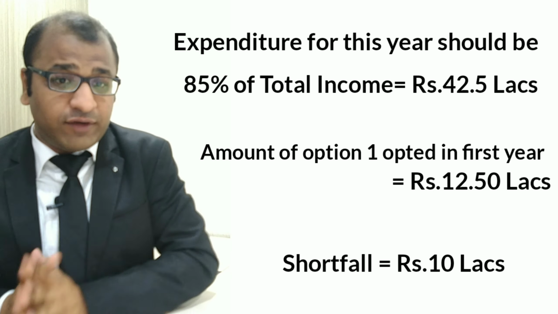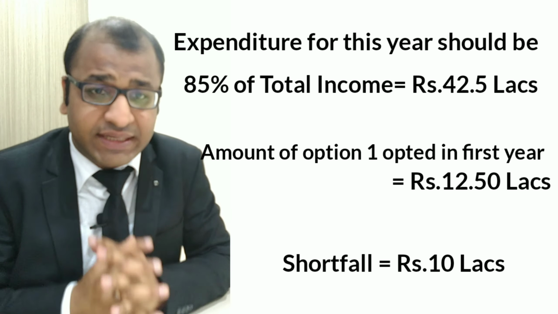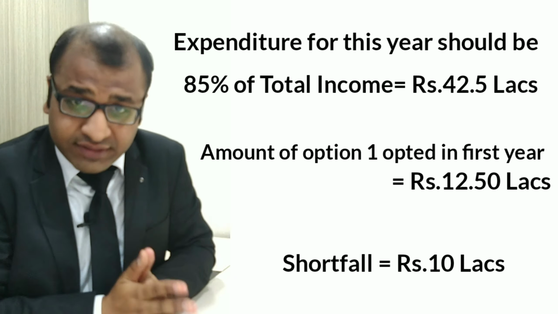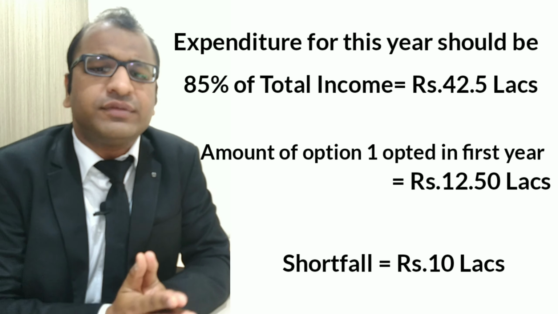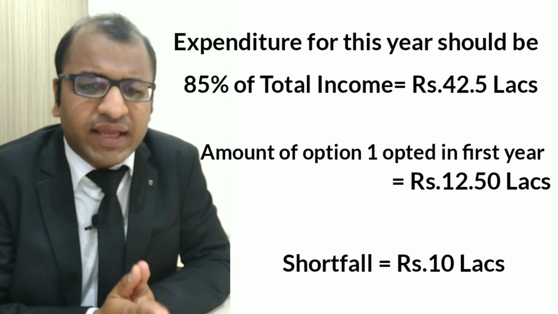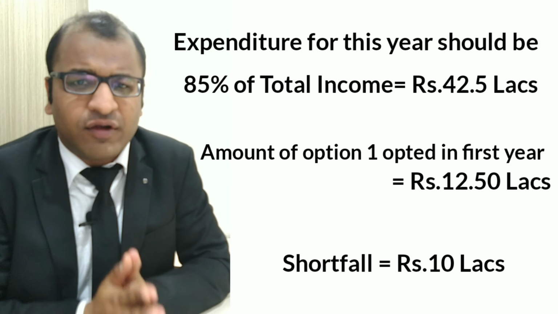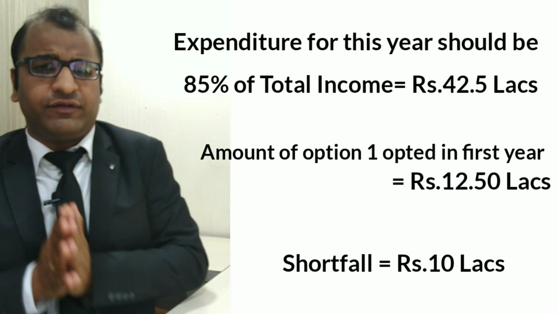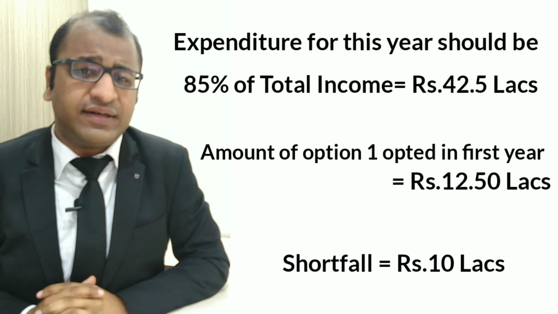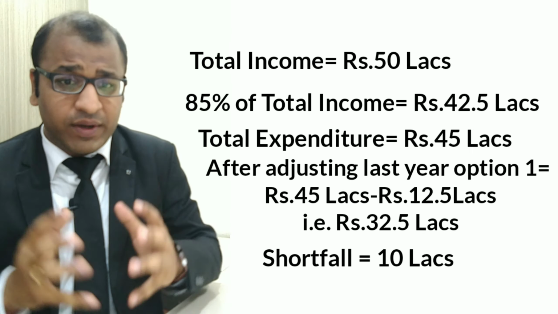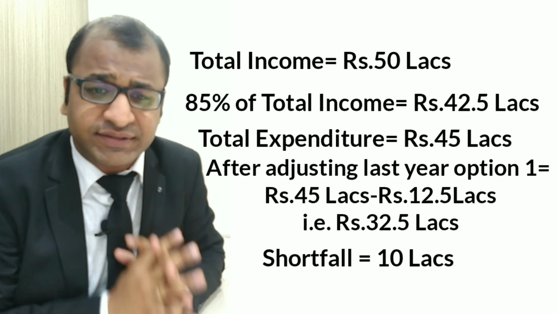Considering that rupees 12.5 lakhs have been spent in the current year and thus adjusting the same from the total expenditure, again this year's application falls short of 85% by rupees 10 lakhs. Wondering how I derived rupees 10 lakhs? It's pretty simple.